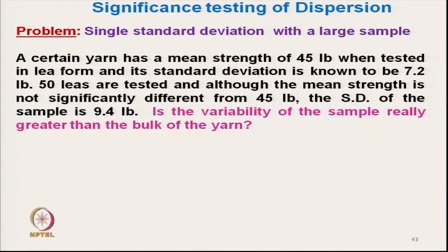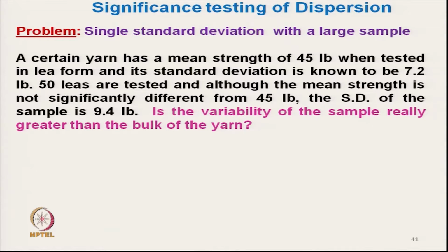So, 45 pound is the mean strength and 7.2 is the variability. 50 Leas are tested, and although the mean strength is not significantly different from 45, we are not bothered about mean strength.